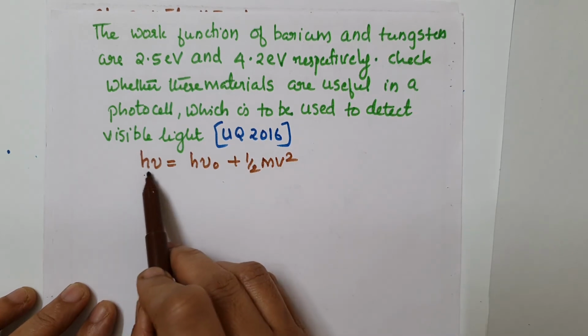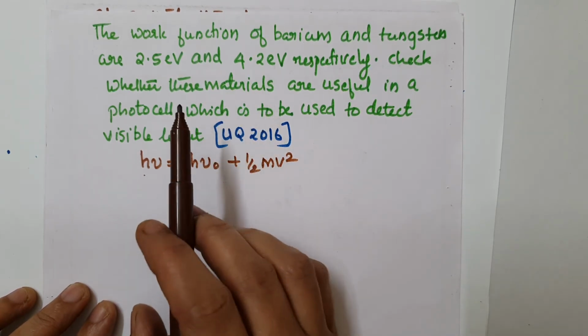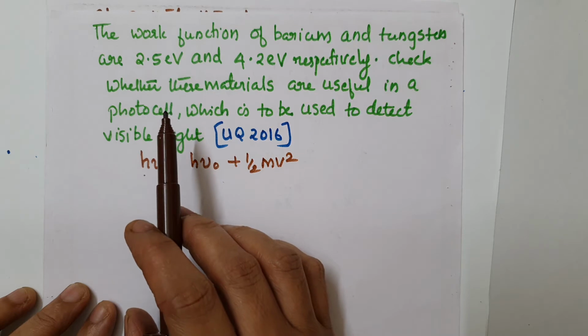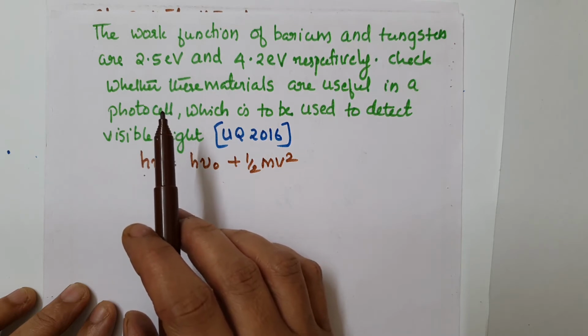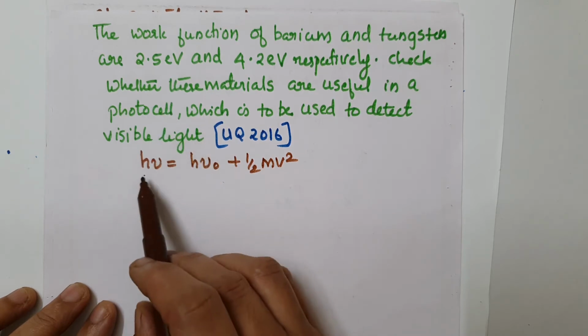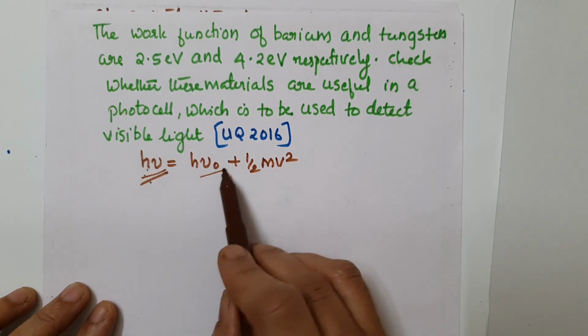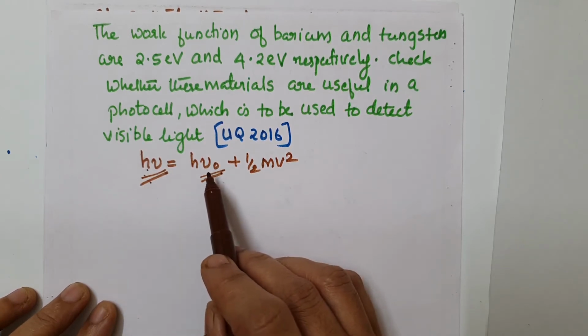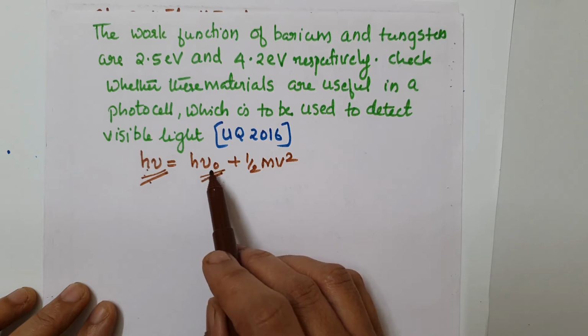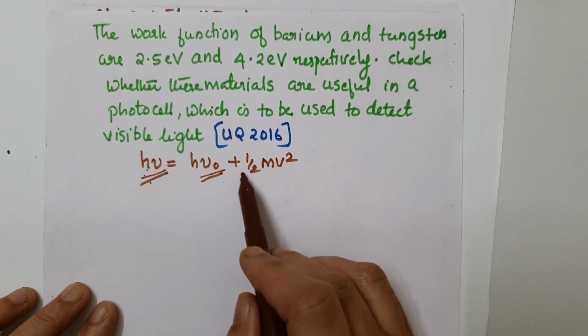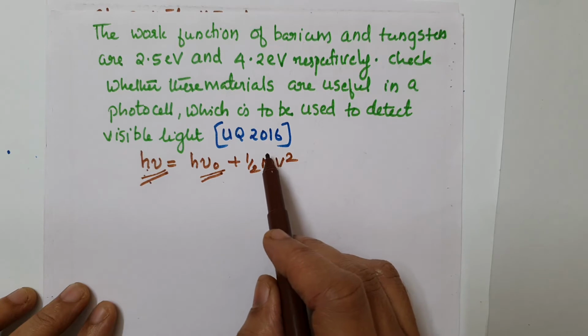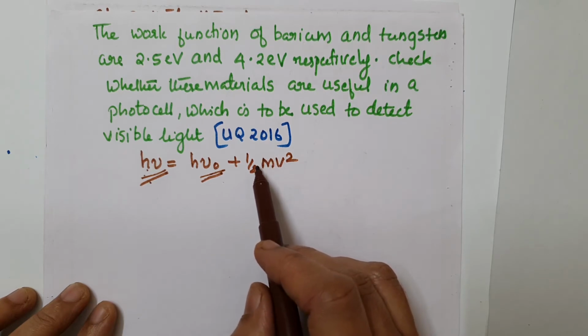The photoelectric effect means emission of electrons from the surface of certain materials when light of suitable frequency is incident on it. Here h nu is the energy of the incident photon, h nu 0 is the energy required to release an electron from the metal, and half m v square is the kinetic energy of the emitted electrons.